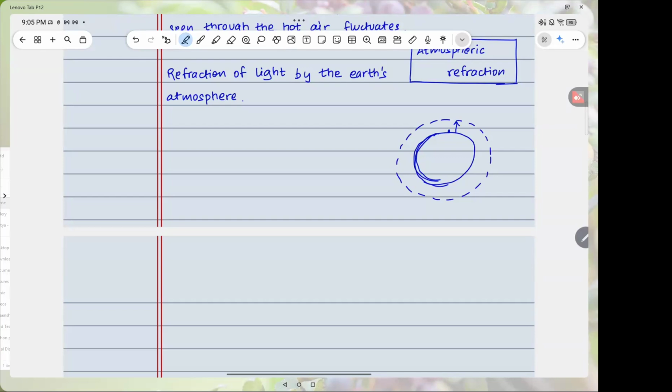When we go up towards space, the air becomes lesser and lesser, right? Since the amount of air is becoming lesser, the refractive index also starts decreasing as we go up towards space. So the refractive index of air is highest at the surface level. But as we go up towards space, the refractive index starts decreasing.